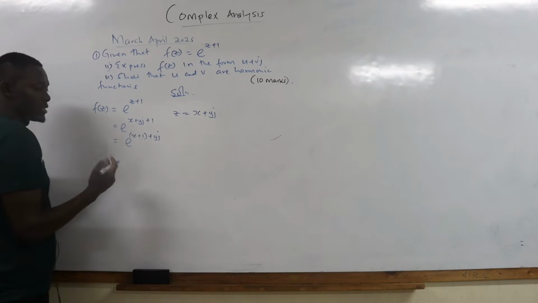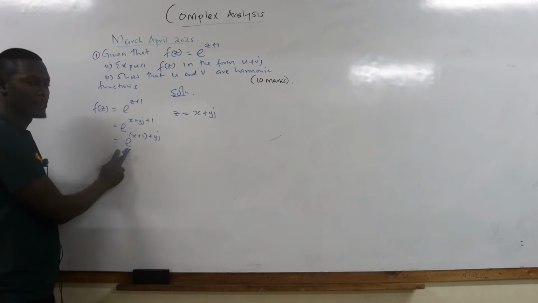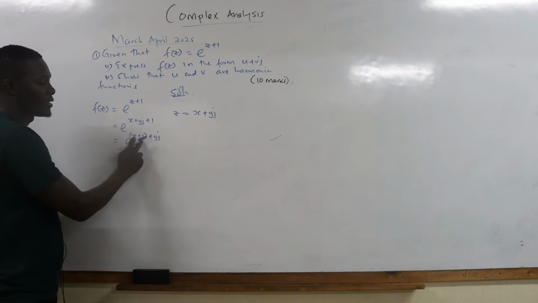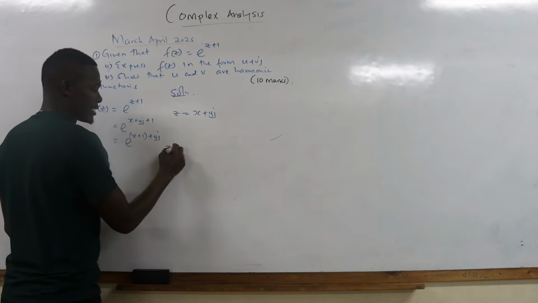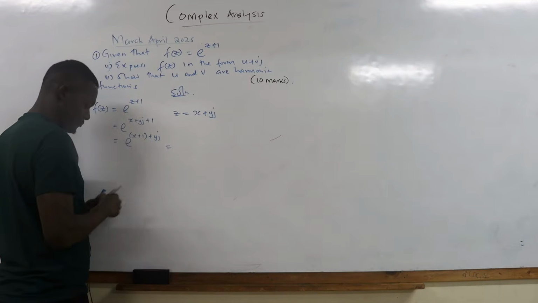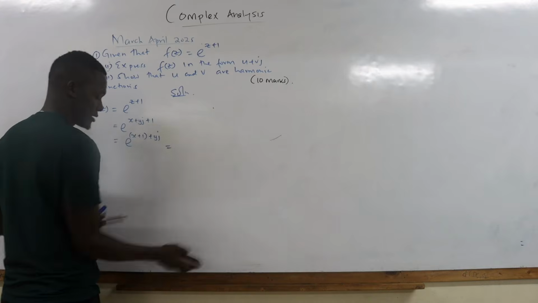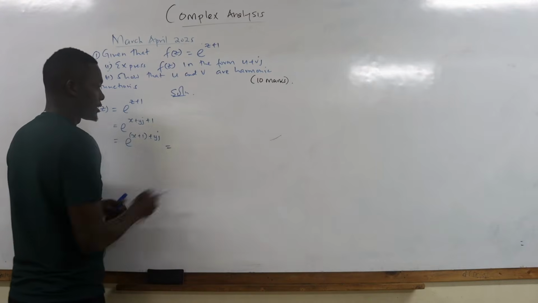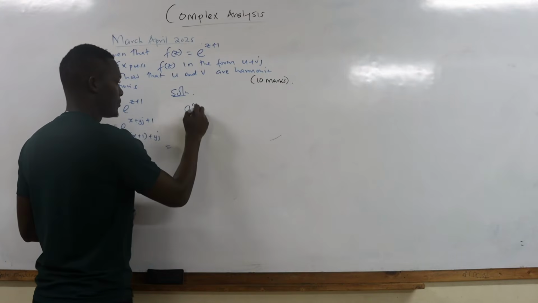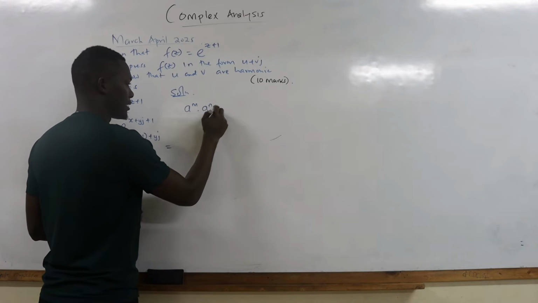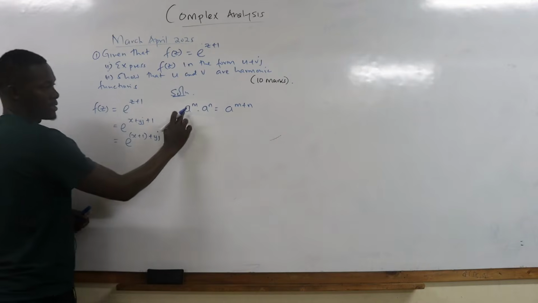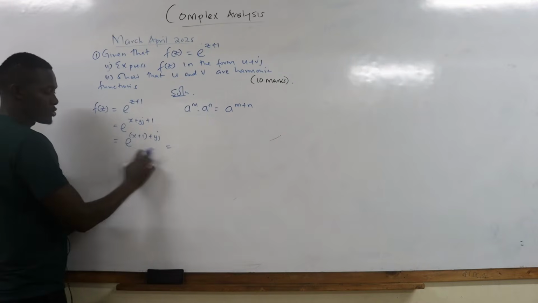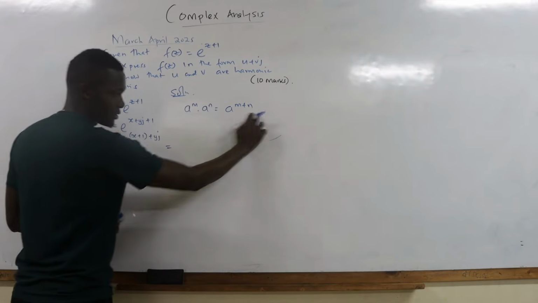Then from the laws of indices, if you have the same base and you have added powers, you can return this to the original state, which states that a^m multiplied by a^n is always a^(m+n). You can see our equation is in the second form.